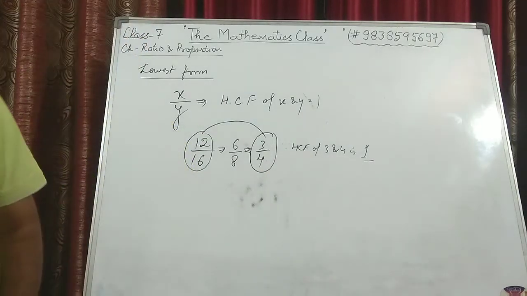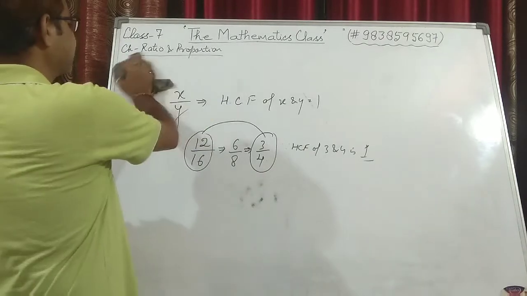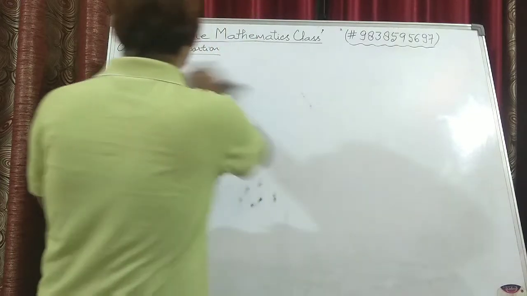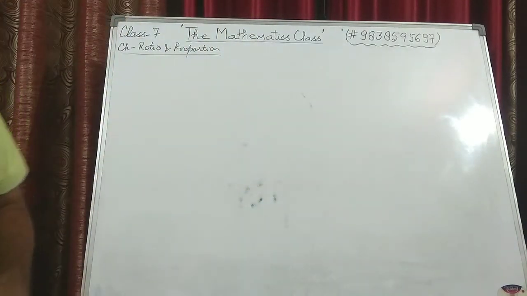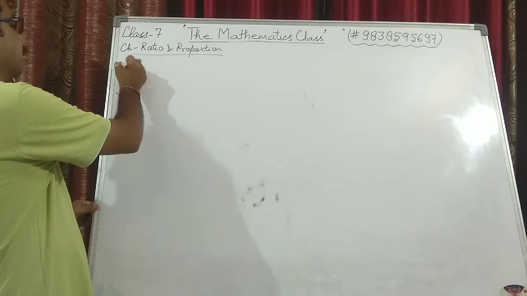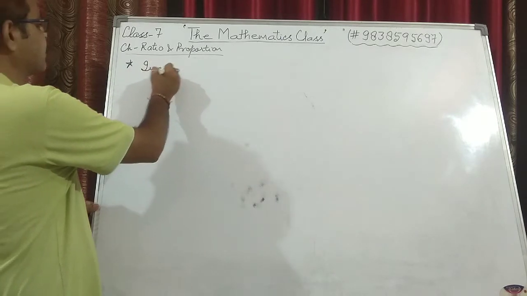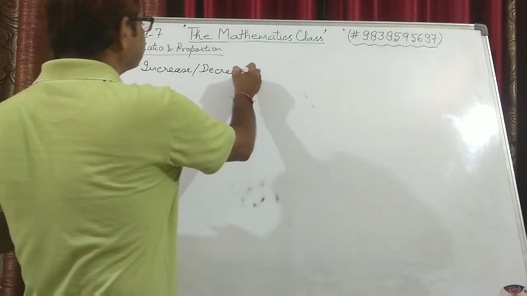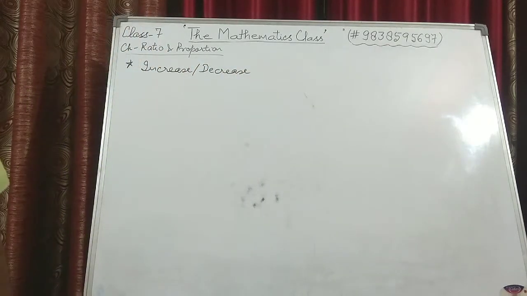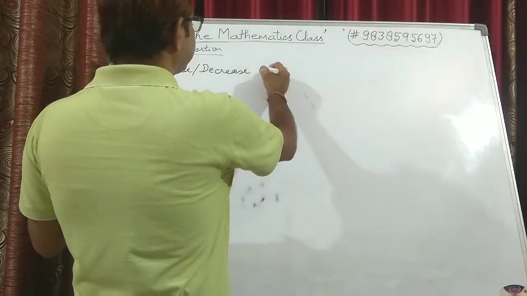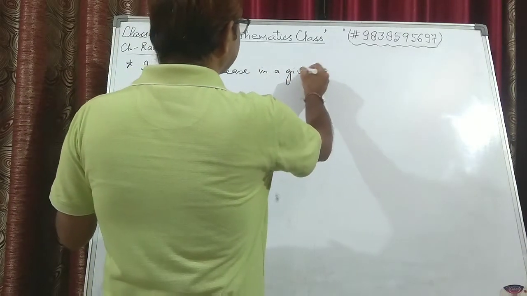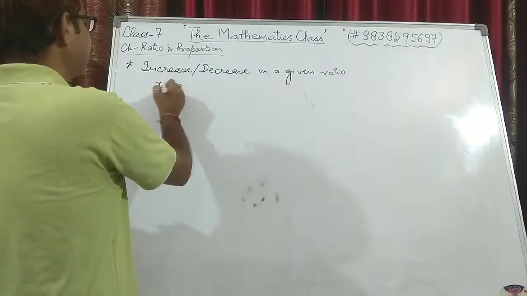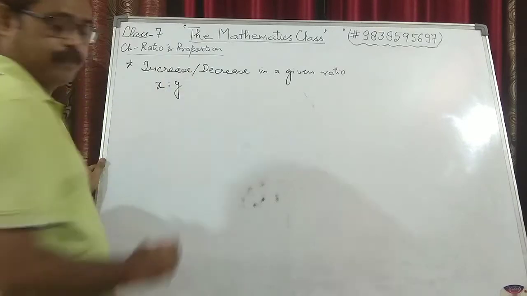Now let's move on to one more thing that is important for you to understand. When there is an increase or decrease in a given ratio, let's say x is to y.